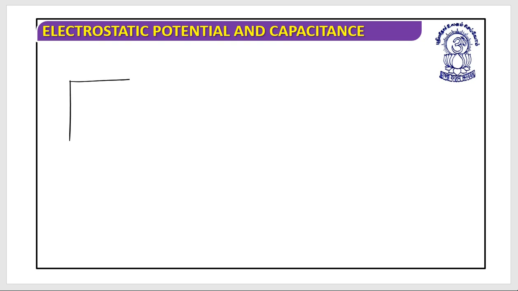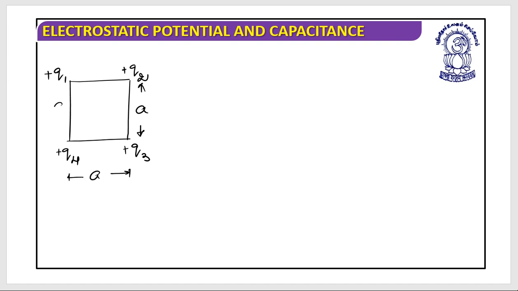Suppose you have been given it like this. This is q1, this is q2, this is q3, this is q4, and each side is simply a. As it is a square, there must be the same dimension on each side, so all are a.